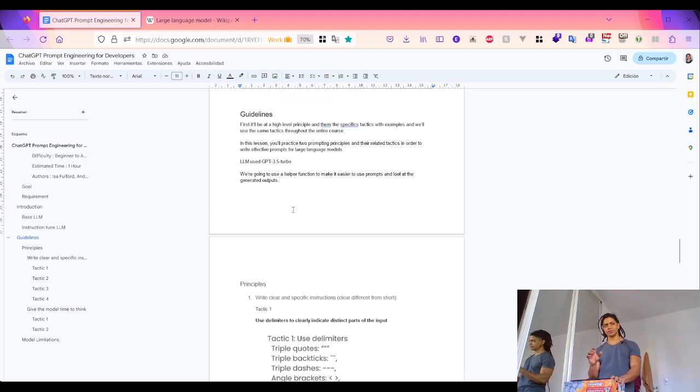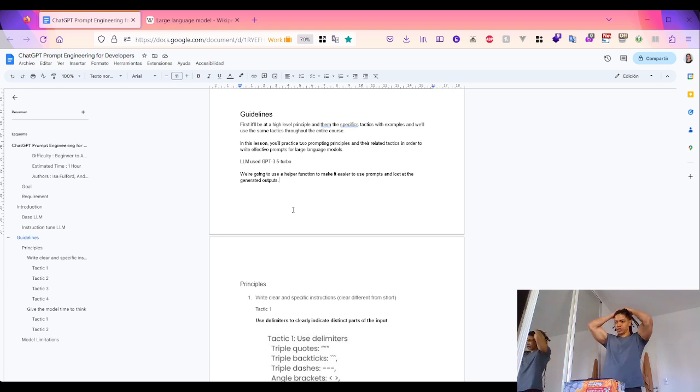Okay, so these are the guidelines, right? It focuses on these high level concepts and then the principles, each with specific tactics, that will be used throughout this course. In these lessons, we're going to use the GPT 3.5 Turbo LLM.